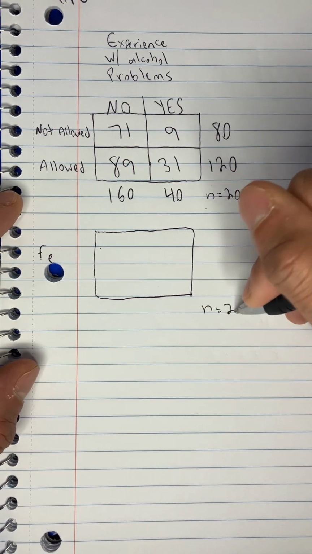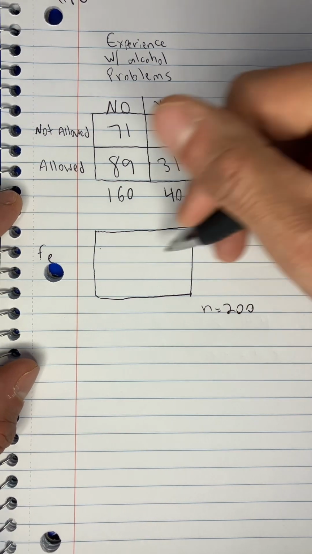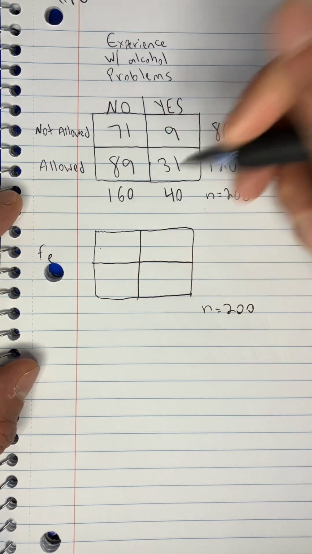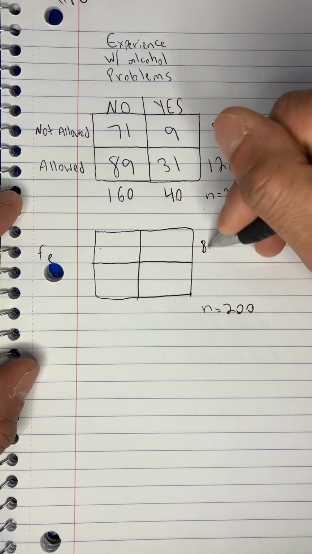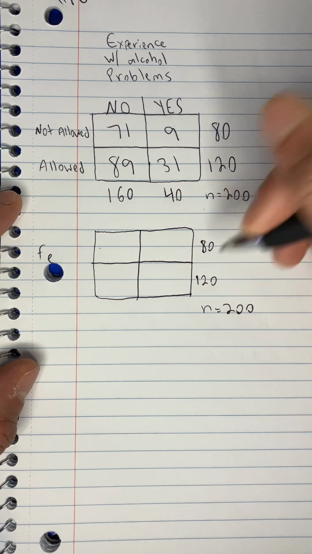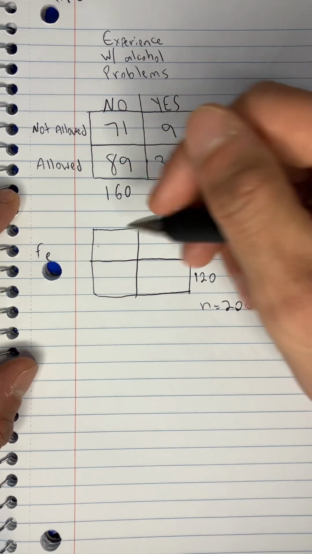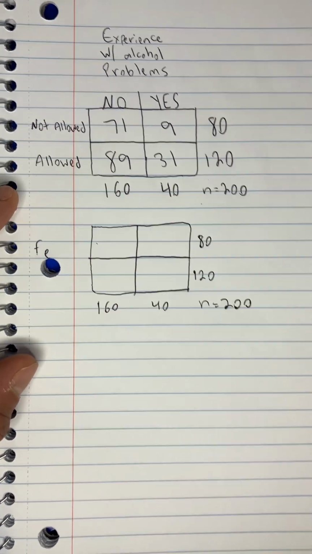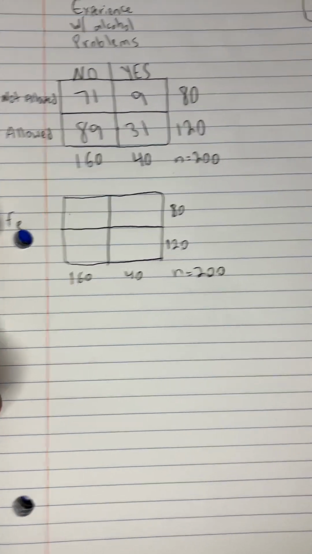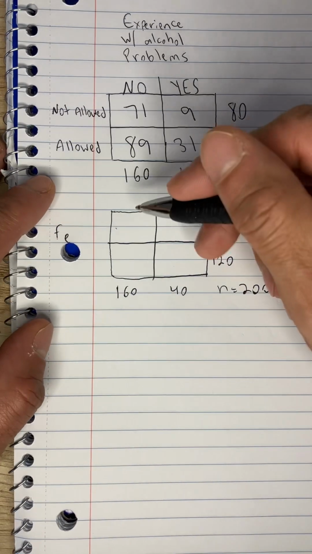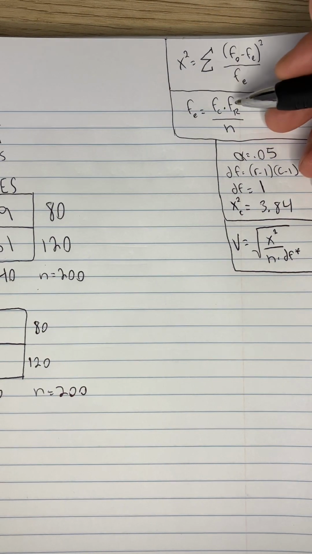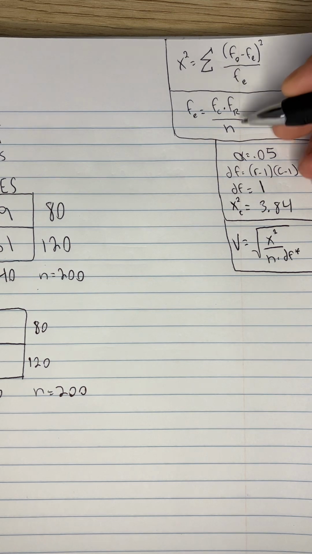So we have 200, we have 80, 120, 160, 40. So remember that our formula for calculating the value in each cell is the column total times the row total over n.